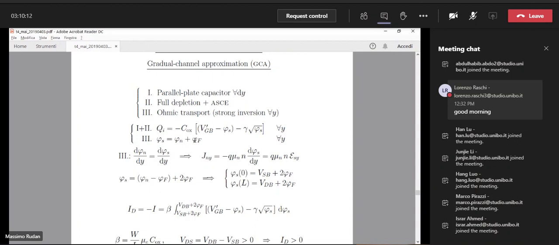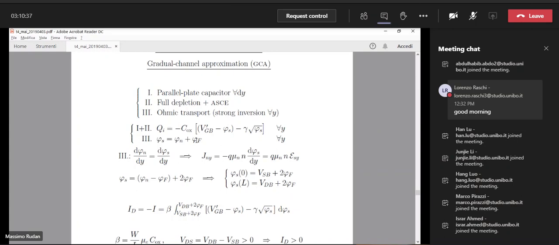Okay, so we do not have time to demonstrate everything, but at least something we can demonstrate: that if equation number 3 is correct, that is, if phi s is equal to phi n plus phi f, then the transport is ohmic.